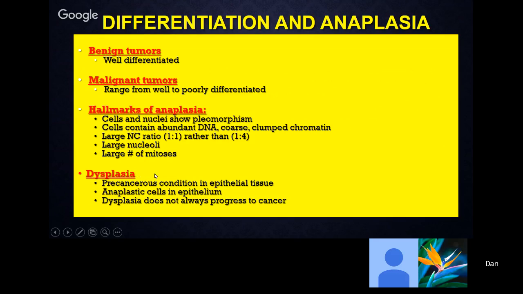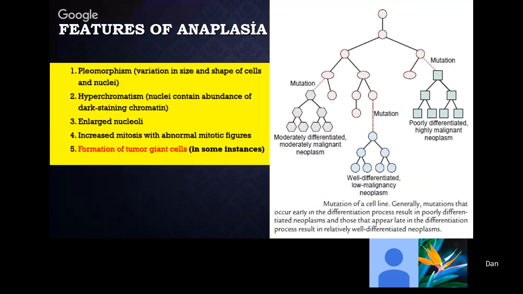But dysplasia as well can go a different way, from moderate to cancer in situ, and the cells also will become bizarre type of cells. So in anaplasia, you're going to have different types of cells. The big one will be the tumor giant cells itself, but otherwise the nuclei are very big, dark, abundant.